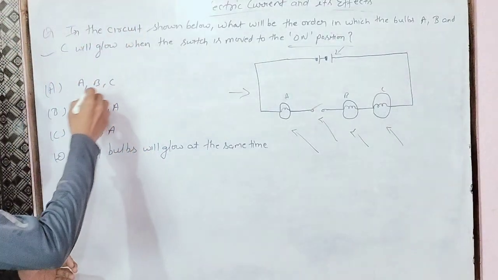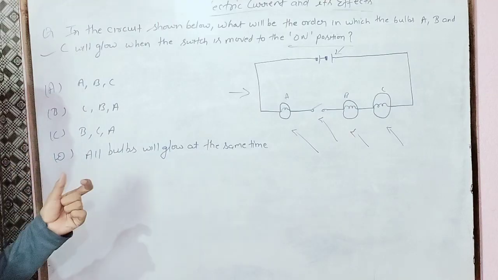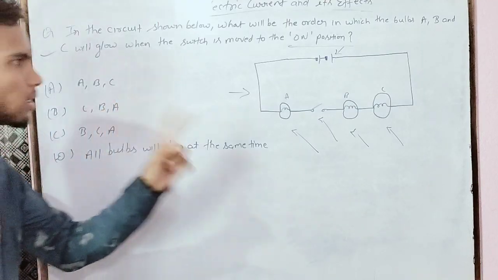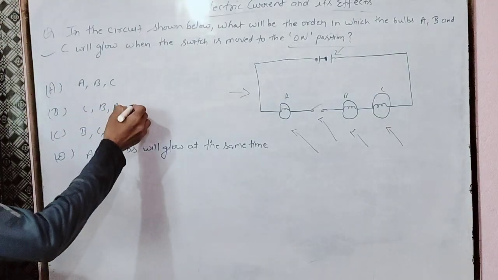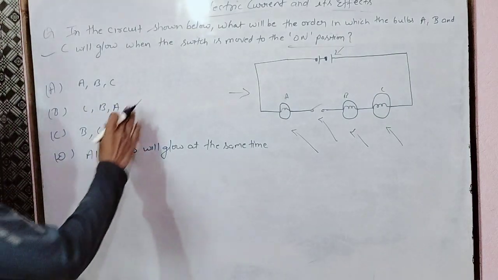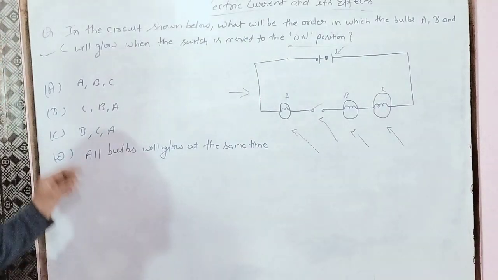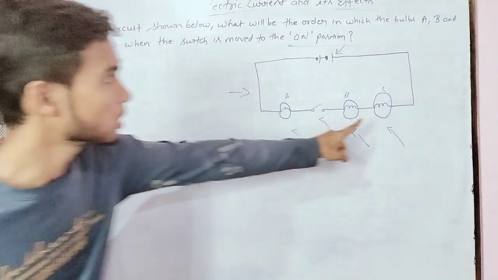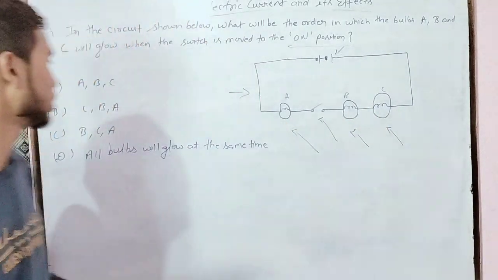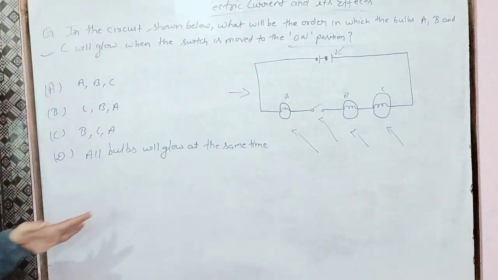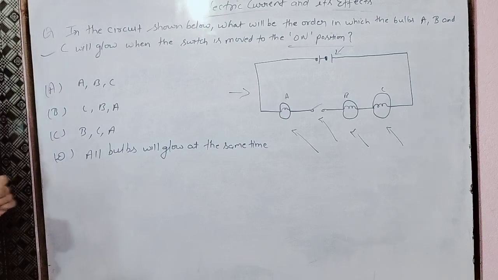The first option given: bulb A will glow first, then bulb B, then bulb C will glow. The second option: first bulb C will glow, then bulb B, then bulb A. Option B is the same.